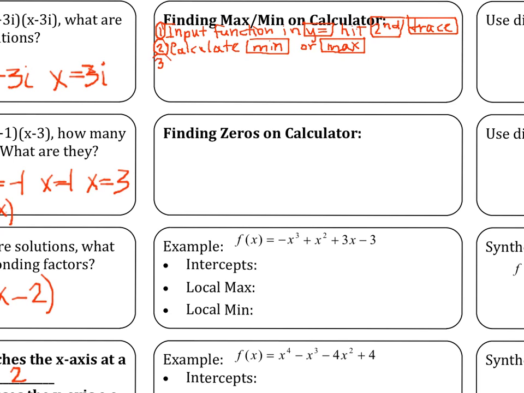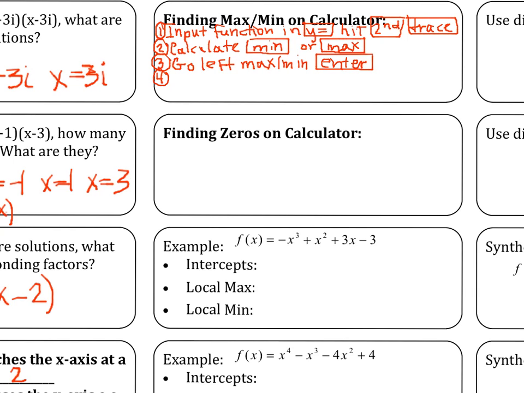So number 3, a little blinking thing will occur on your graph, and you want to move that left of your max or min, whichever one you're finding, and then hit enter. And a little arrow will occur up above.